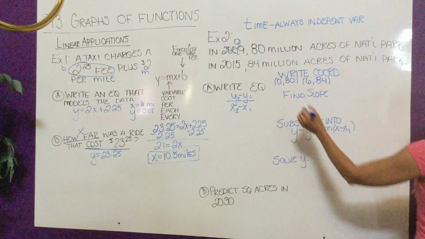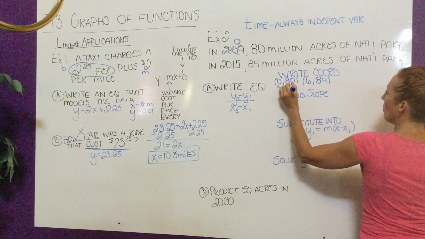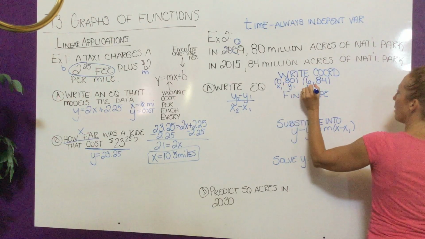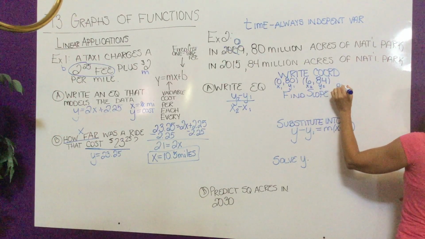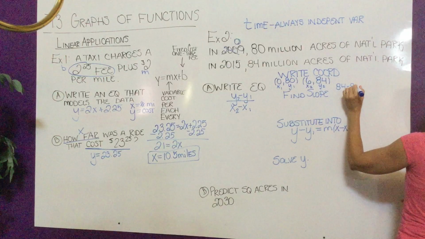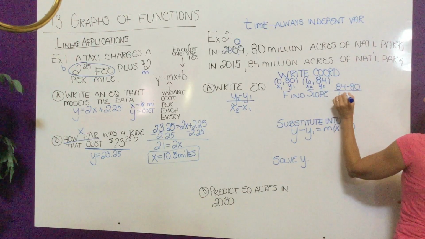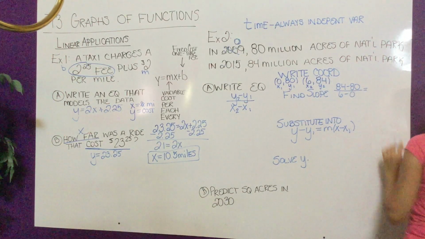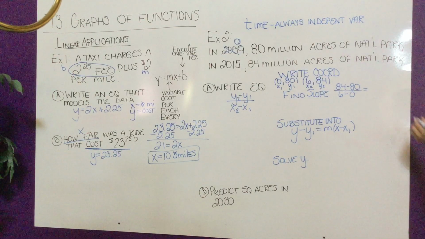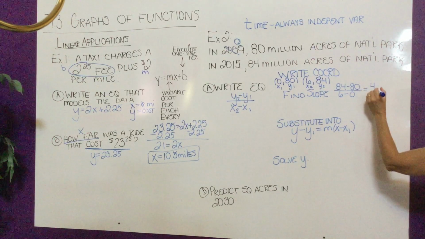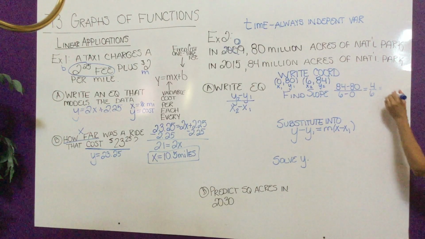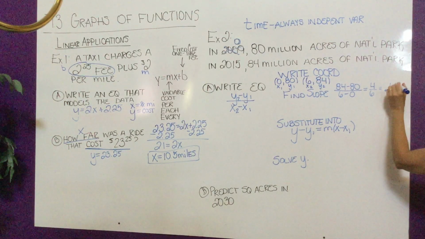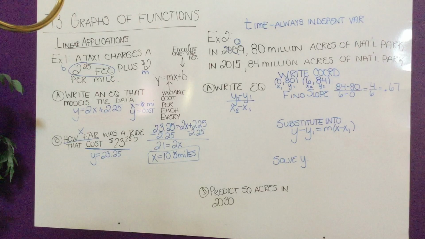All right, so here's our x1, y1, here's our x2, y2, and so we're going to have 84 minus 80 divided by 6 minus 0, and so we have 4 over 6, and if you put 4 over 6 in your calculator, you're going to get 0.67.